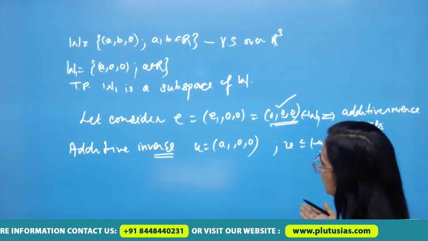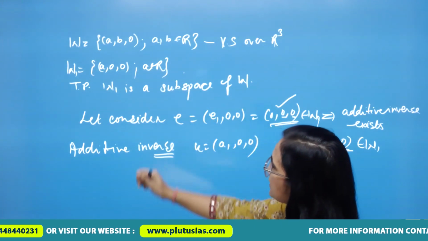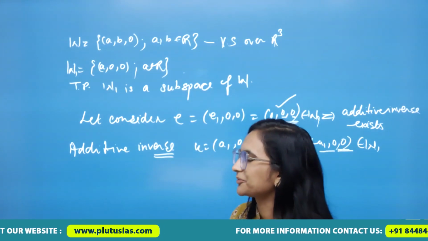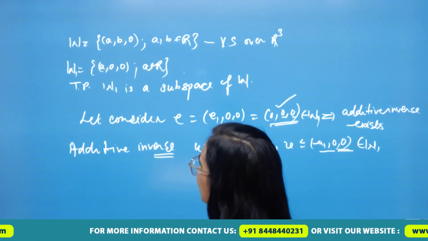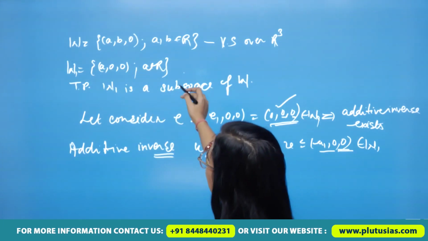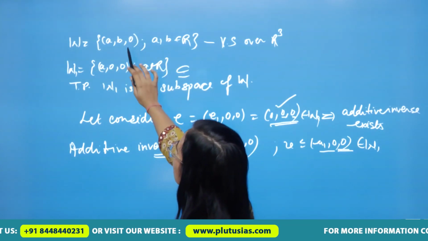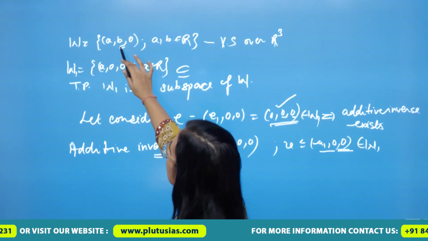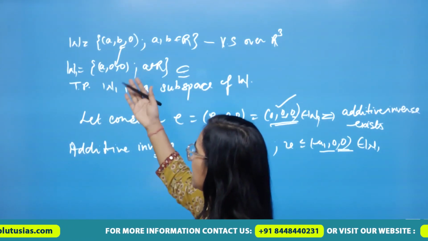So we have proved that all the properties are satisfied, and hence it is a subspace of W. It is a subset, and it is clearly seen that in W, (A, B, 0), with B any real number, this is a particular case of this. So it is an element of this.